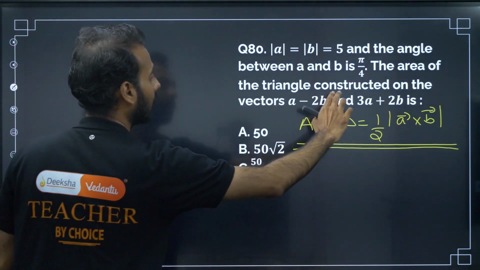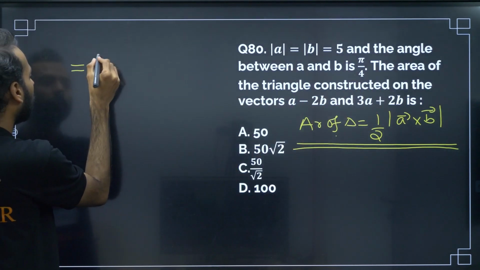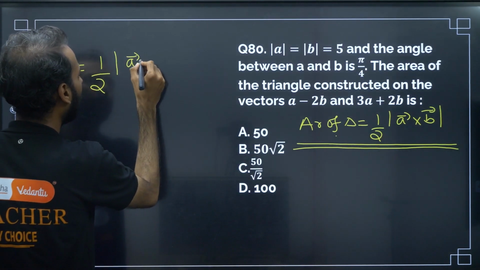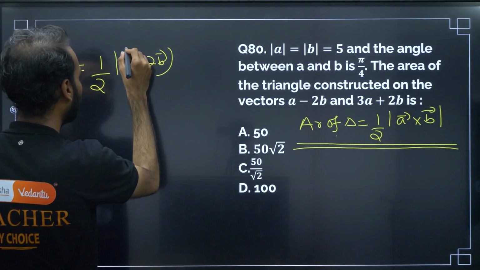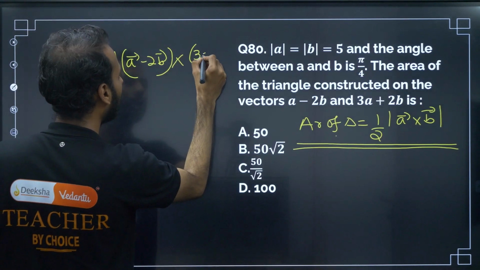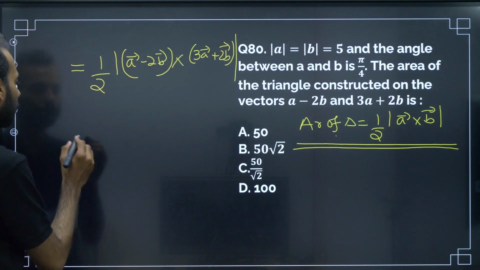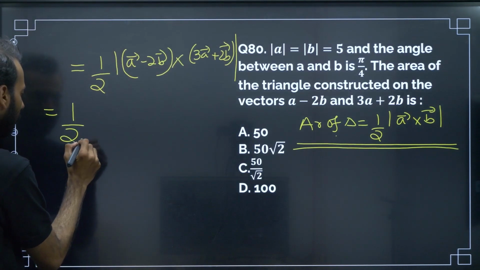The area of triangle constructed on vectors, area is half of magnitude of, what is that vector? a minus 2b cross 3a plus 2b. So let me write that half as it is.